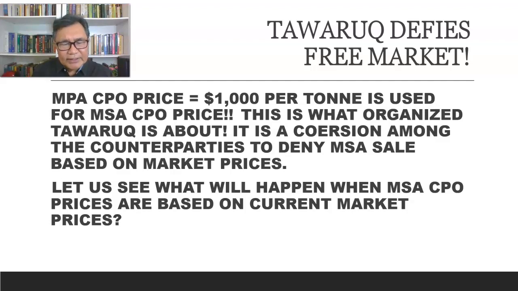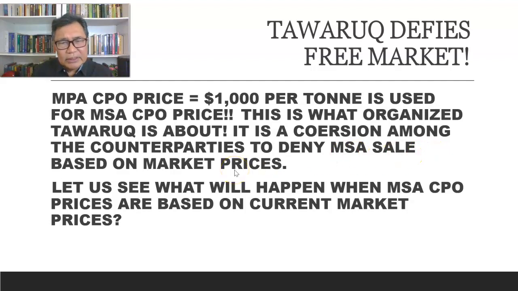In the Tawaruq system, the MPA CPO price at $1,000 per ton is used for the MSA CPO price. So as I said, this is what organized Tawaruq is all about. It is a coercion among the counterparties to deny the MSA sale based on market prices.